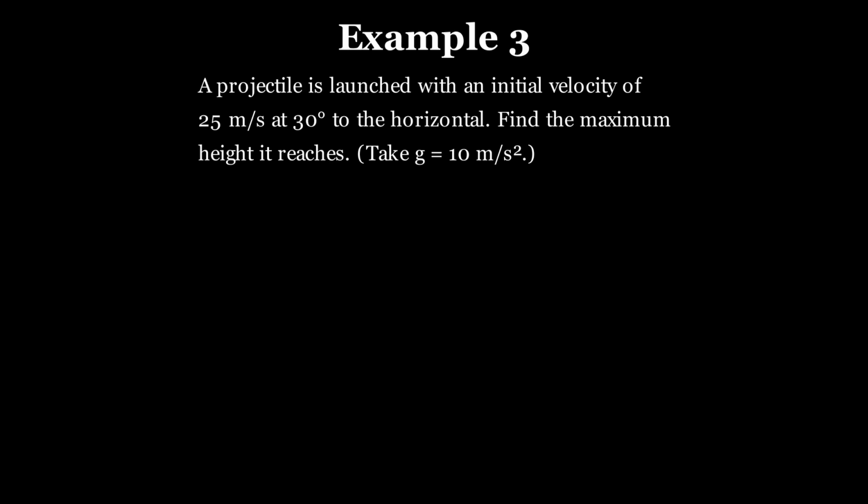Example 3. A projectile is launched with an initial velocity of 25 meters per second, at 30 degrees to the horizontal. Let's find the maximum height it reaches, taking g equals 10. Watch it rise to its peak, launched at 30 degrees. Start with the formula, h equals Vi² sin² over 2g.